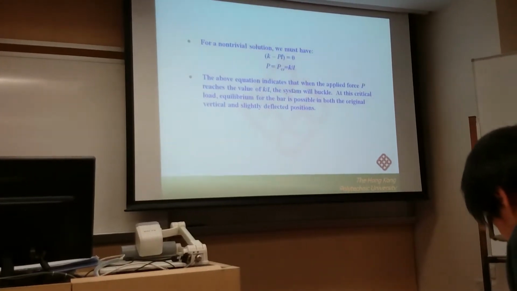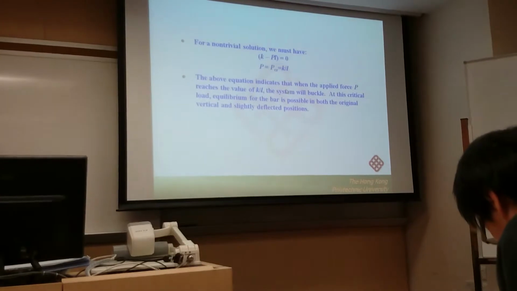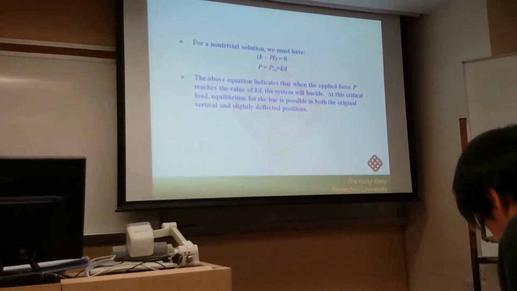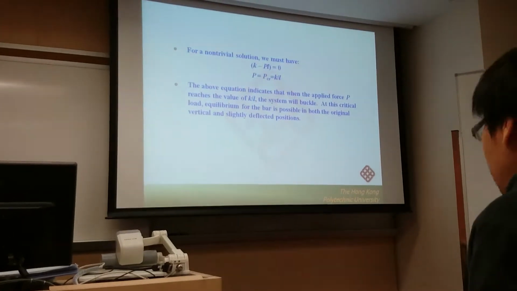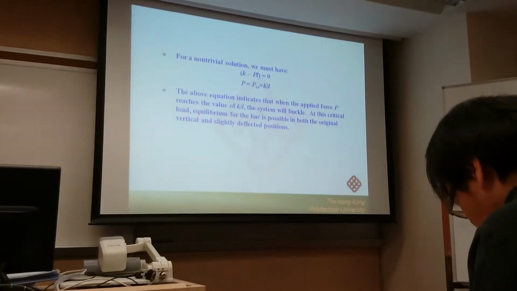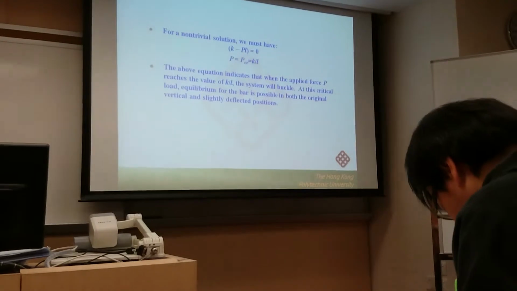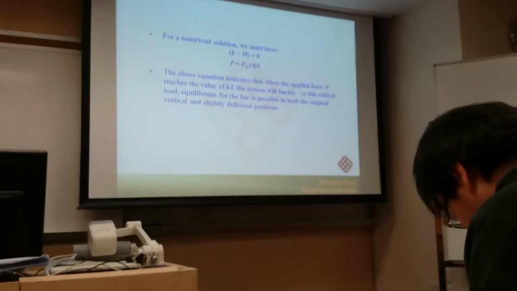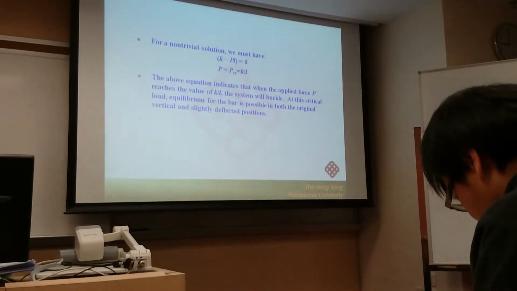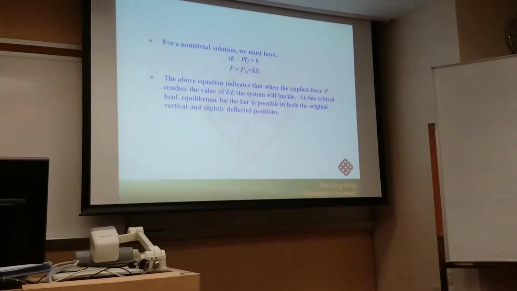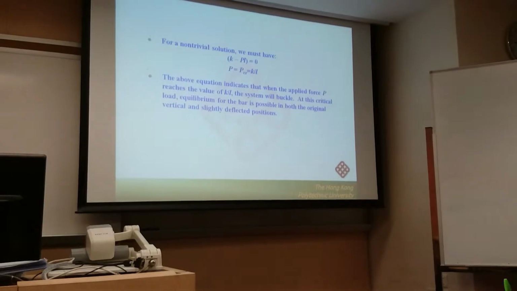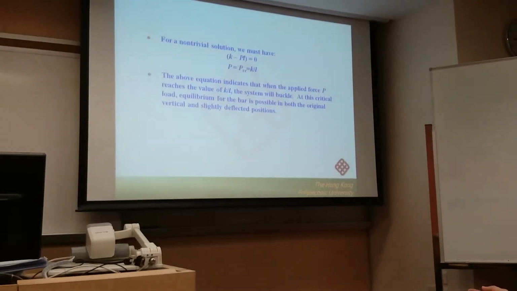So here I show you the concept. Usually when we establish the equilibrium equation, we can obtain two solutions. One is a trivial solution, the other one is a non-trivial solution. For the residual structure, the trivial solution must be equal to 0. And the non-trivial solution means the solution about the applied force.